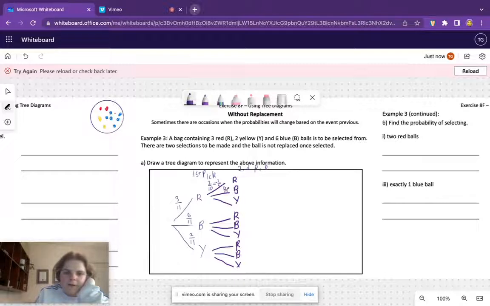So we've got 6 out of 10 of getting a blue, which is 3/5. And then our chance of getting yellow is 2 out of 10, which is 1/5.